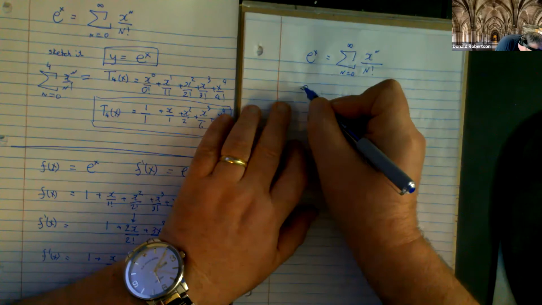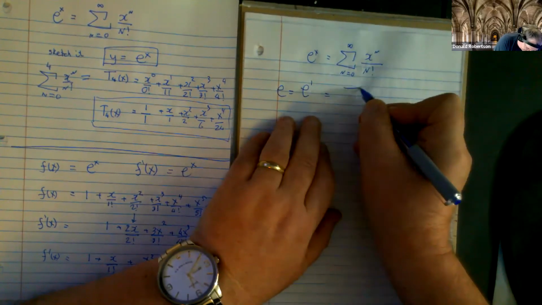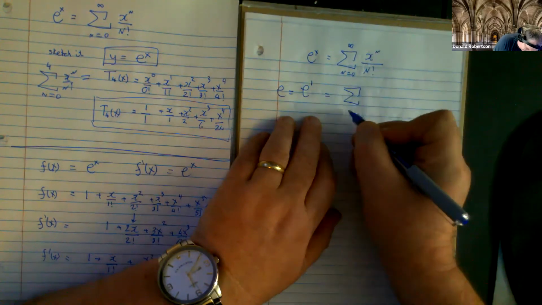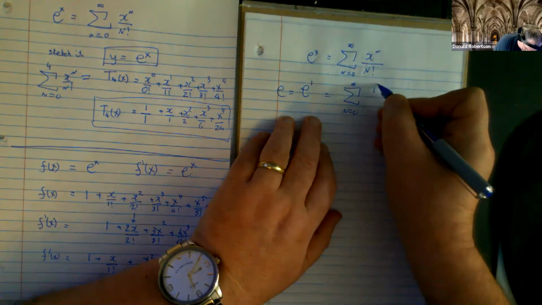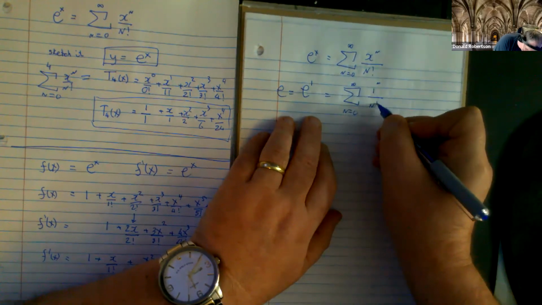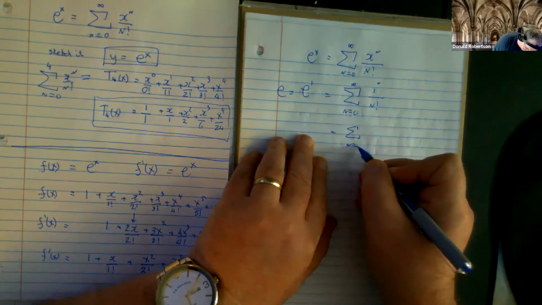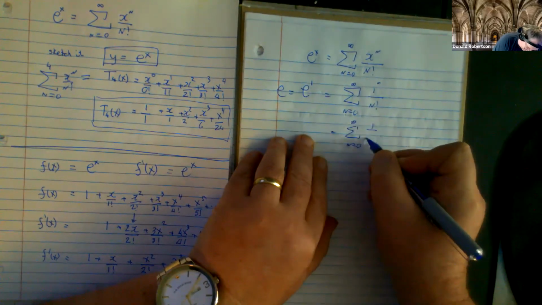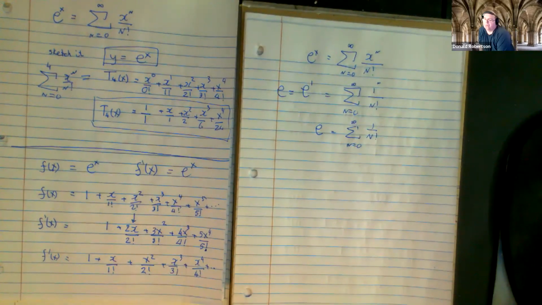then e to the power of 1, which is just e, won't that be the power series 1 to the power of n over n factorial? 1 to the power of n is just 1. I now have a way to calculate e.